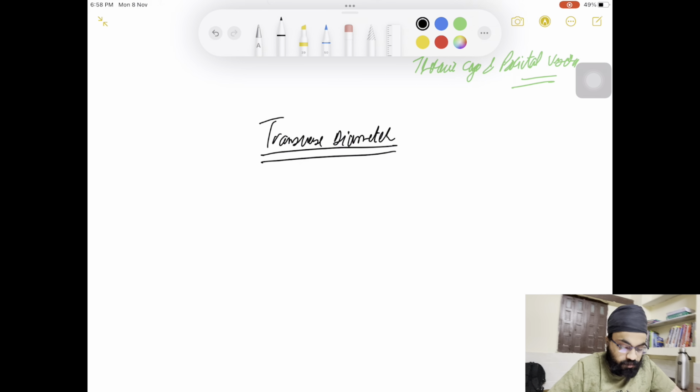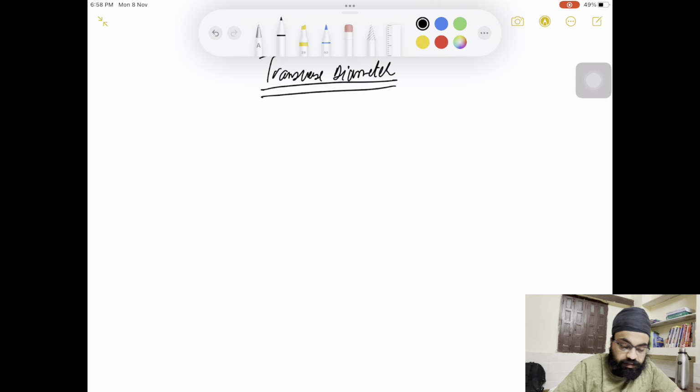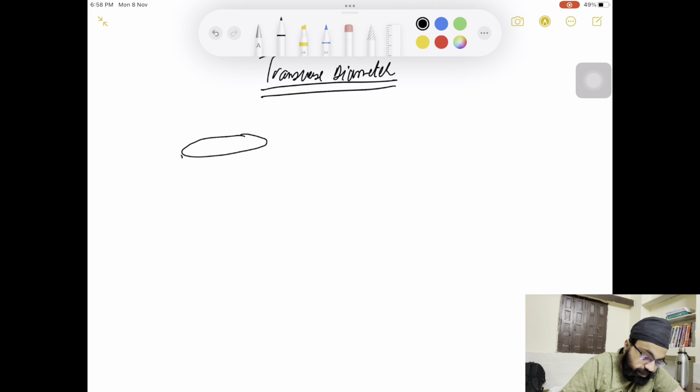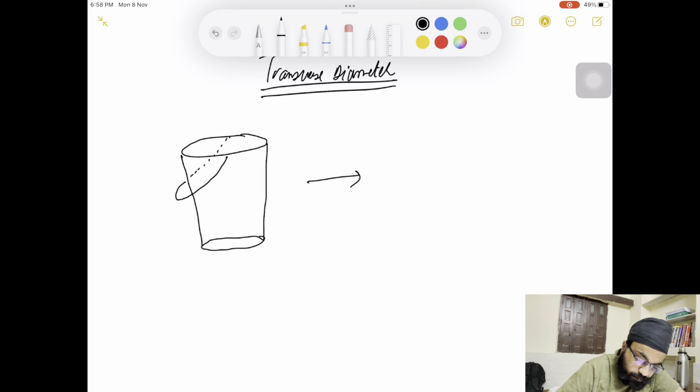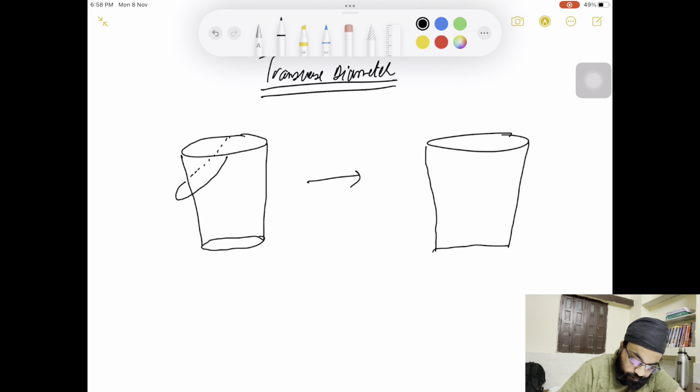In order to understand the transverse diameter, you need to take a bucket, the one that you use to take baths. The bucket has a handle. I'll draw this bucket again, but this time without the handle first.